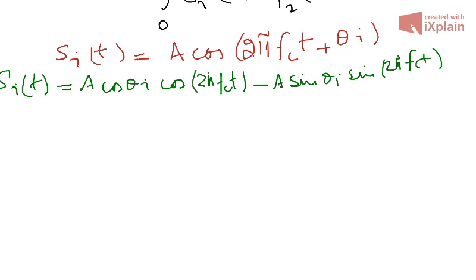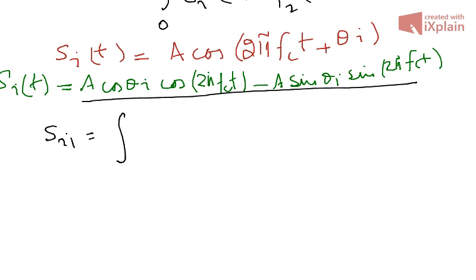What would you get? You would get SI1. So SI1 is this whole equation multiplied with psi 1 of t, and you should be familiar with the psi 1 of t.